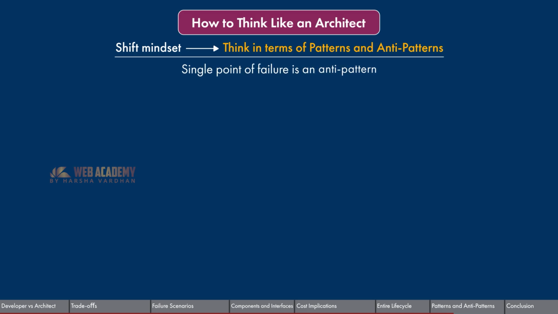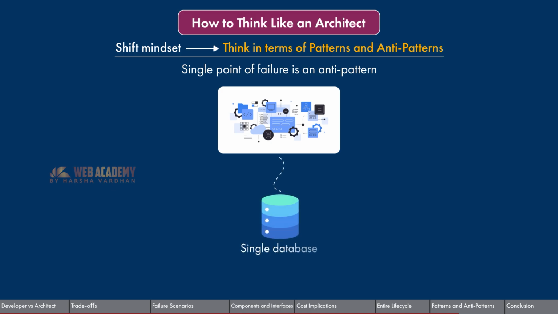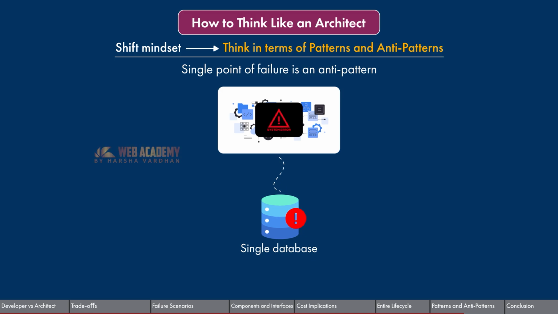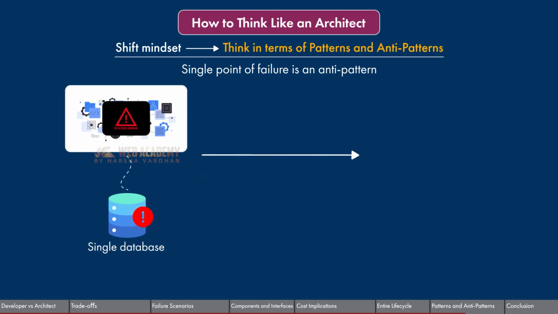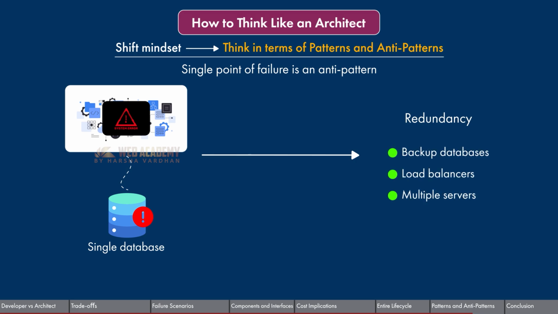For example, the single point of failure is an anti-pattern. If your entire system depends on one database and that database fails, everything stops working. The pattern to solve this is redundancy. Having backup databases, load balancers, and multiple servers. Yes, it costs more, but it prevents catastrophic failures.